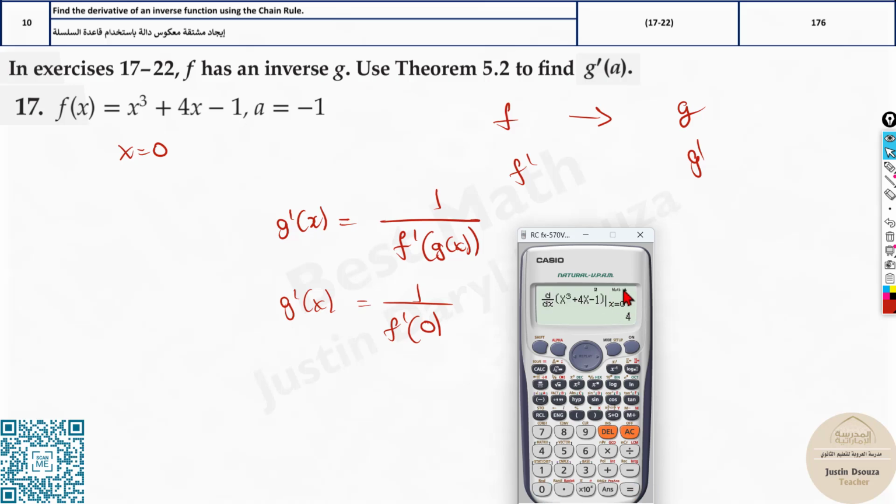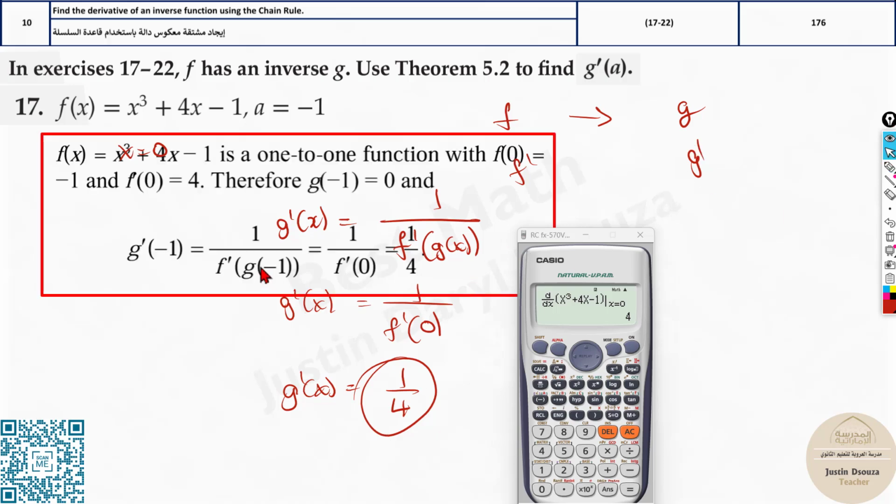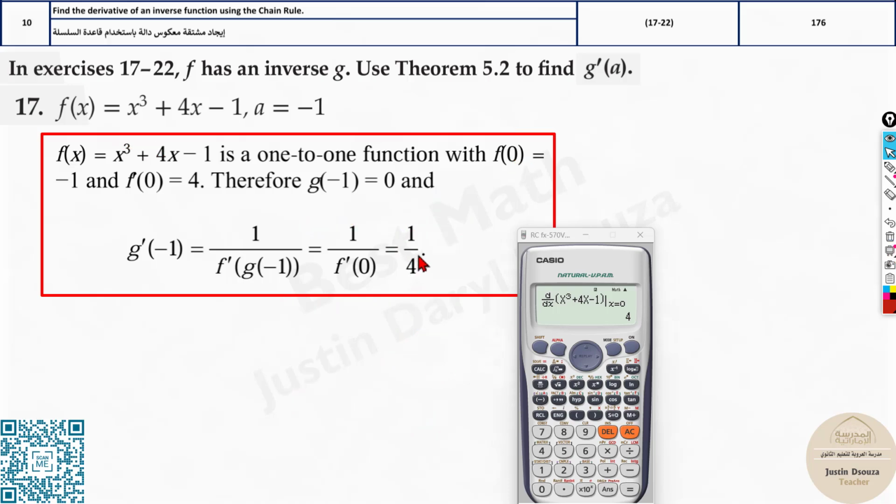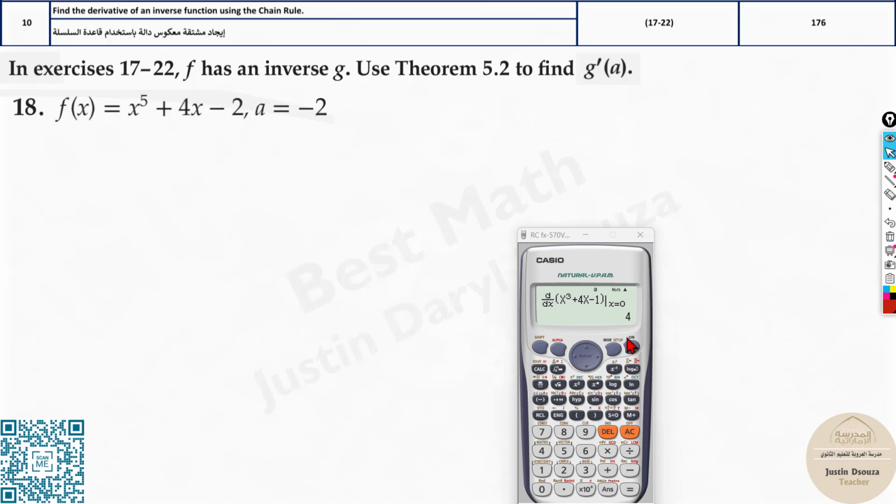So the answer is 4. But remember, this answer is 4. The derivative of g of x is 1 by 4. That is the final answer. You can see in the solution set, it must be 1 by 4. Whatever method you use, answer will be 1 by 4. That's it. So I'll just do this shortcut method and then I'll explain you the detailed method.